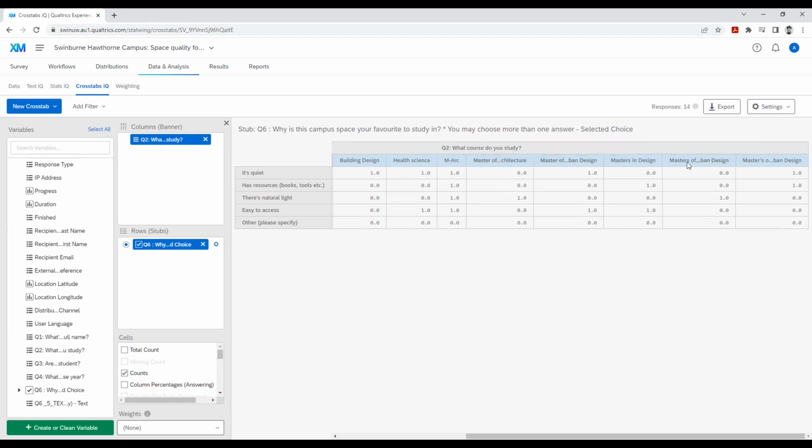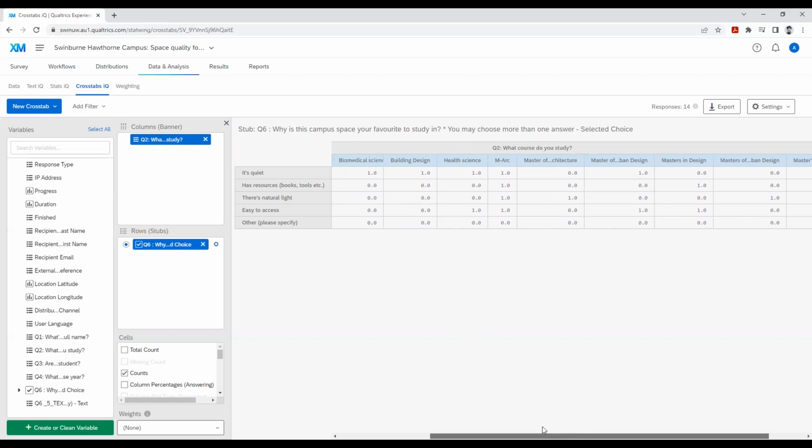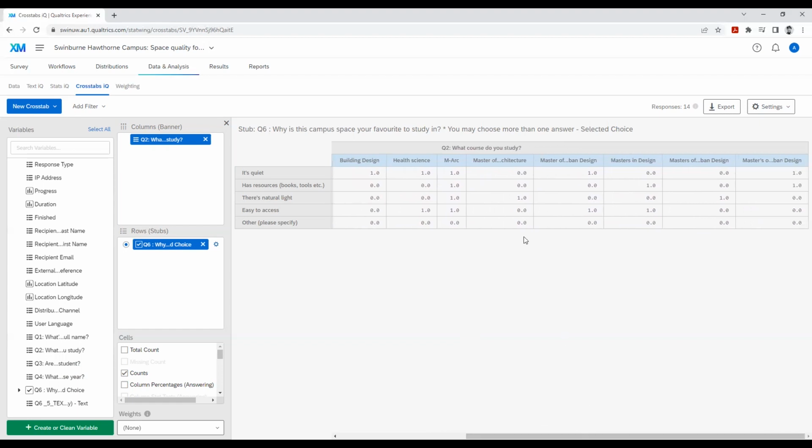But there's also another student in the Master in Urban Design that responded that there's natural light. Now, of course, these answers will vary because the places are different, but this is just to give you an idea on how to understand the relationship between who's answering the question and what they answered.